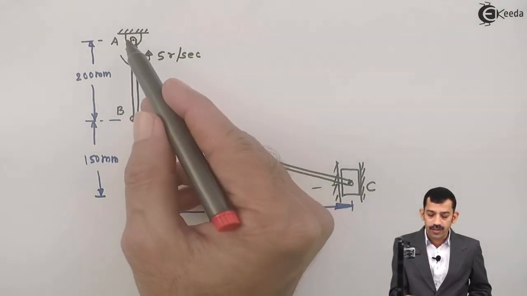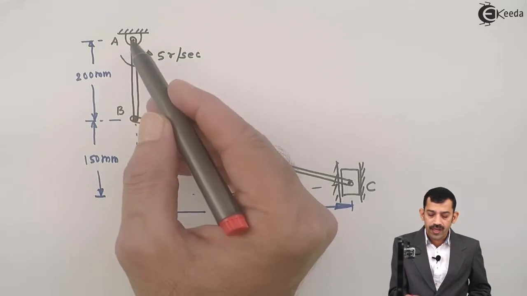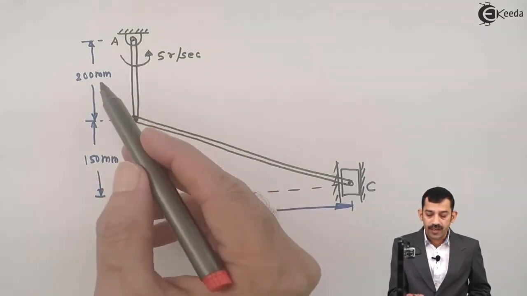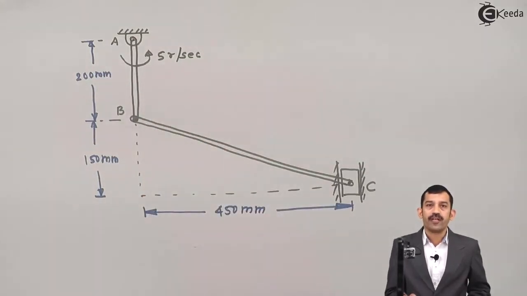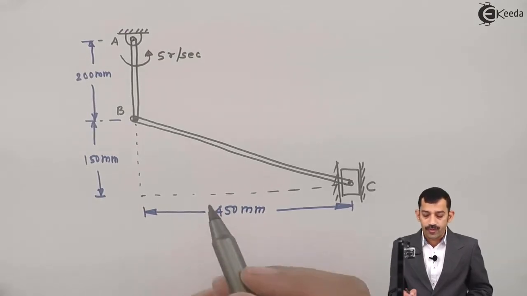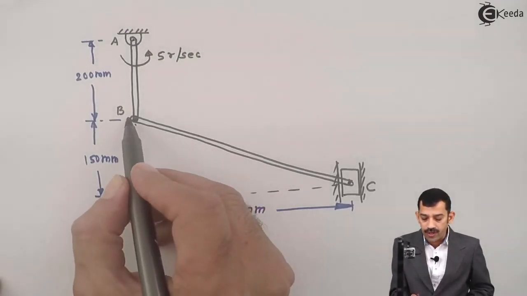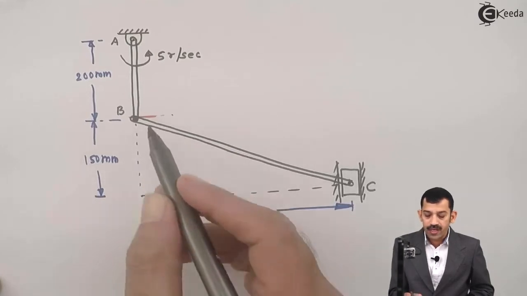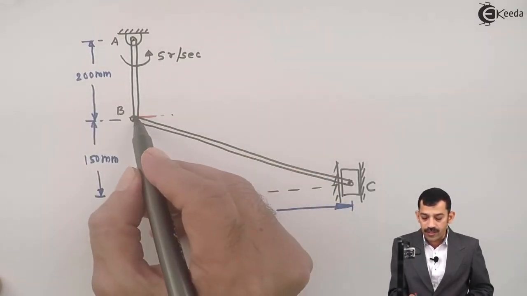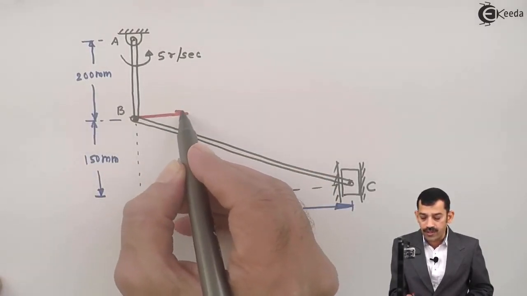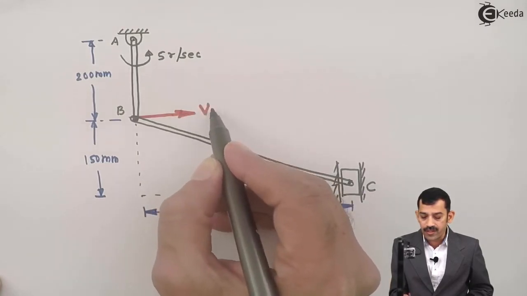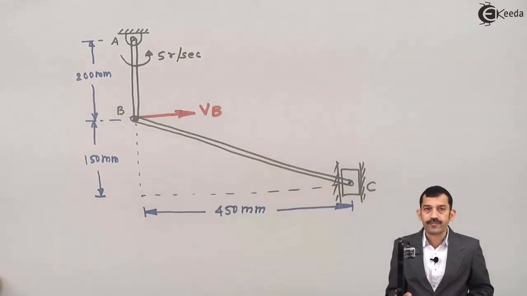That means if rod AB rotates about A in anti-clockwise direction, linear velocity of point B is perpendicular to AB and in the same sense as angular velocity. Therefore, linear velocity of point B must be horizontal, and as omega is anti-clockwise, VB must be rightward. This is the linear velocity of point B.